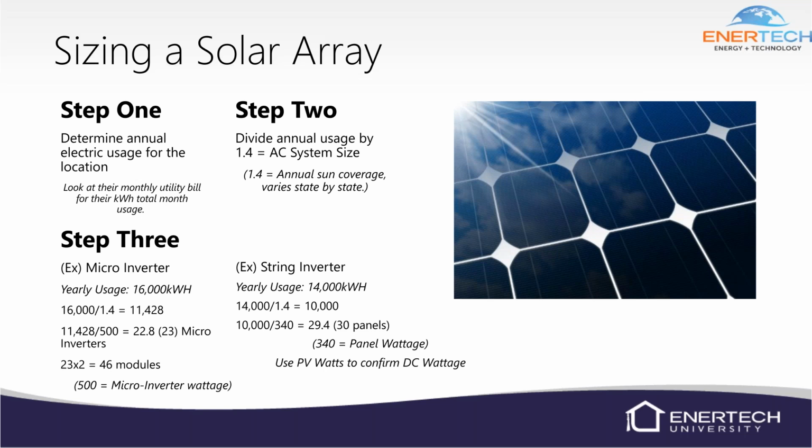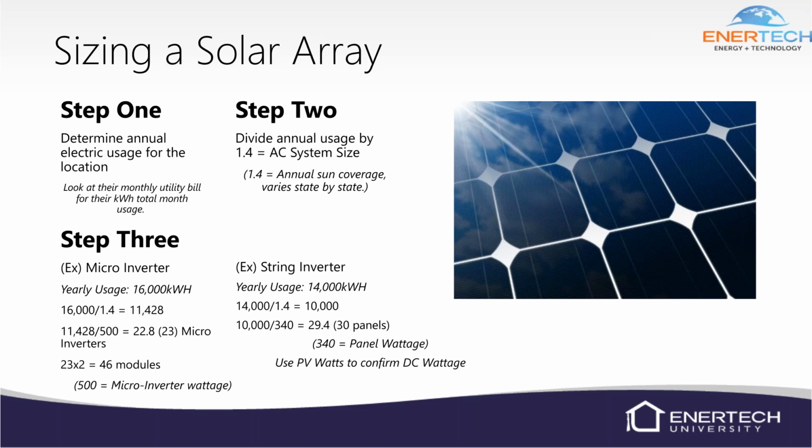We can kind of judge, well, I guess we have step 3 there. And that'll tell us, if we think about the 125% rule that we were just discussing on the previous slide, let's say we have a microinverter setup and a usage of 16,000 kilowatt hours per year. Divided by 1.4, that tells us that we need about 11.5 kW DC system size.